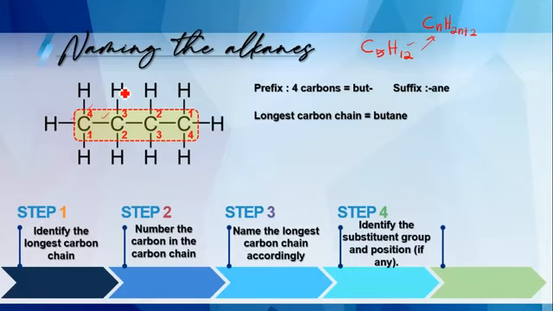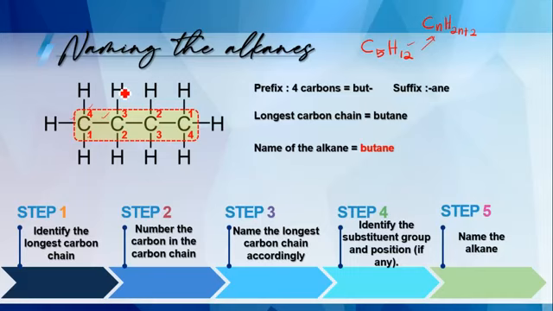In this case, we don't have a substituent group. Only hydrogen is attached to the carbon. I'm going to show you later on what is meant by the substituent group. So in this case we can simply ignore step number 4. Step number 5, name the alkene. Basically the name is butane because there is no other substituent group for us to include in the name. Okay, so it's quite simple.